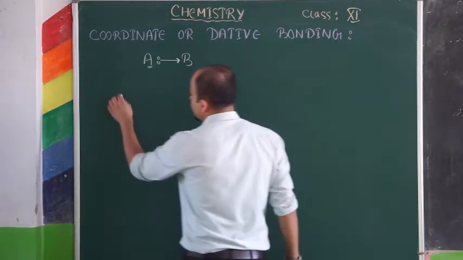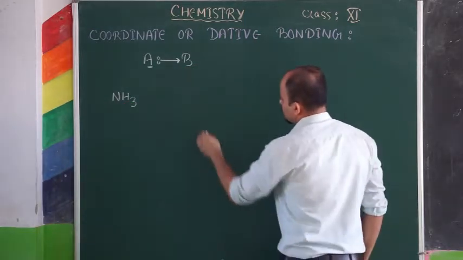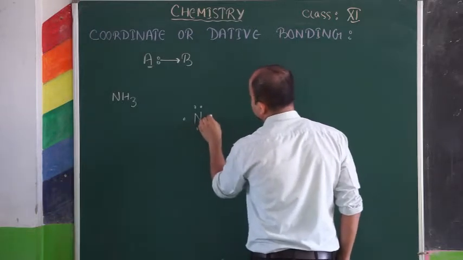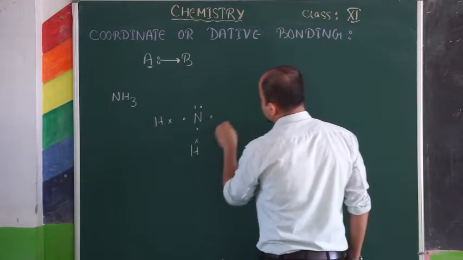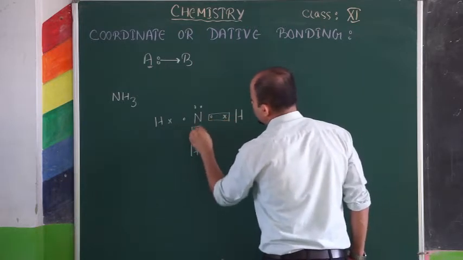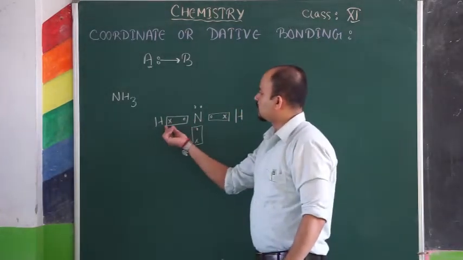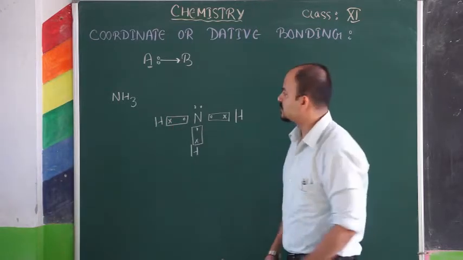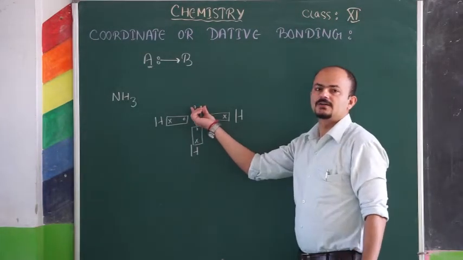For example, we have seen ammonia. In ammonia, nitrogen contains 5 electrons in the valence shell. Out of these 5 electrons, 3 are involved in covalent bond formation, because one electron from nitrogen and one electron from hydrogen are shared. Therefore, these 3 are covalent bonds. Now the lone pair of electrons is freely available over nitrogen.